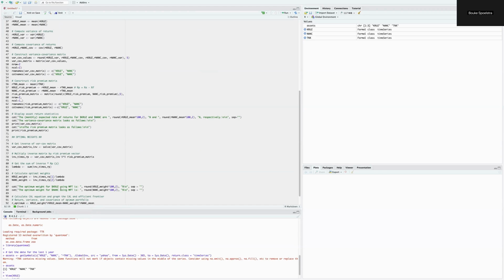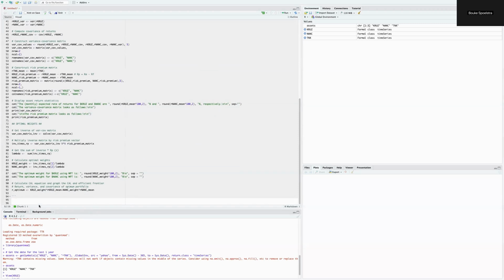So this formula was essentially the return we talked about earlier: the weight of the first one multiplied by the return of the first one plus the weight of the second one multiplied by the return of the second one. The optimum variance would be that same variance formula we talked about originally.